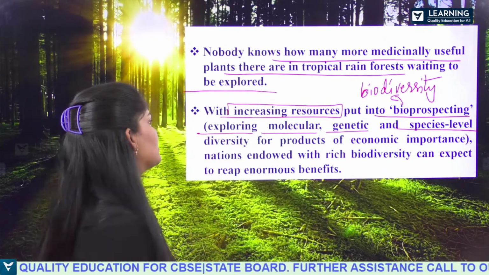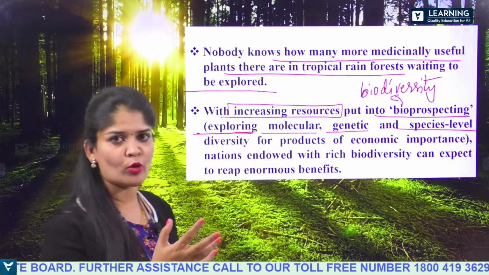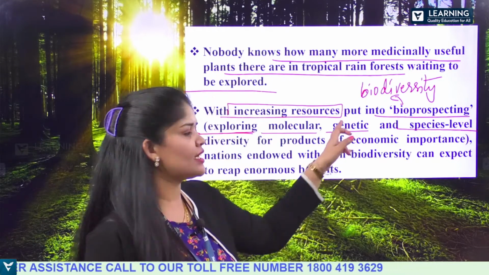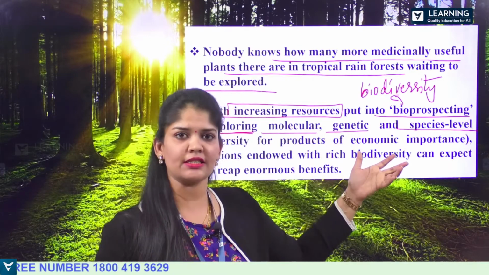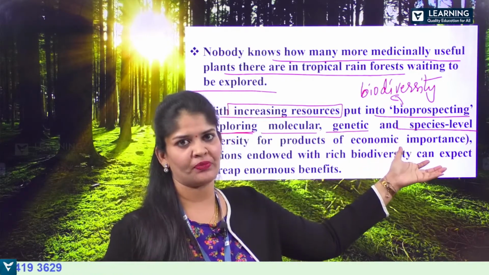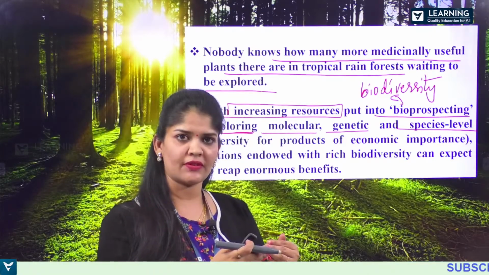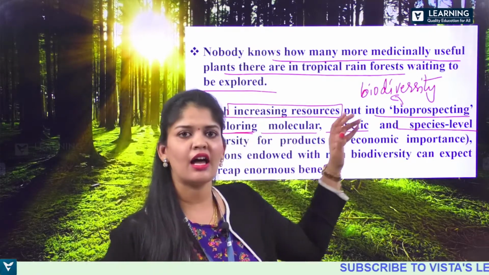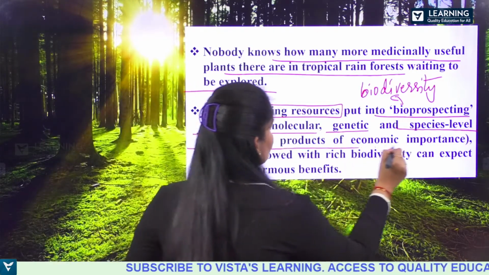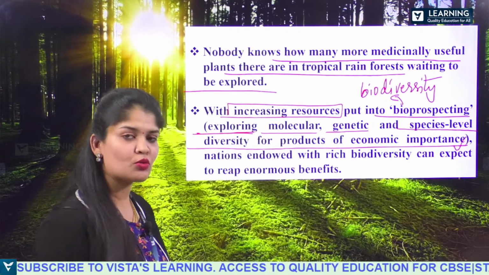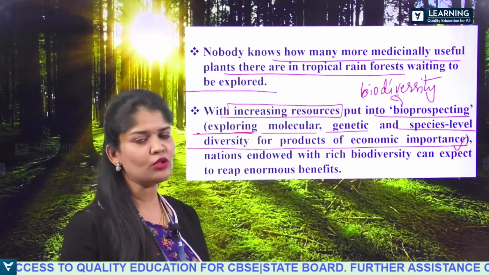So by this, we are exploring at the molecular level, that is the macromolecular level, and at the genetic level, that is genes, and even genus and species level. So the studies have been done at various levels, starting from molecular level, genetic level, and species level, to understand the diversity, to understand the plants and animals present in the diversified ecosystem.